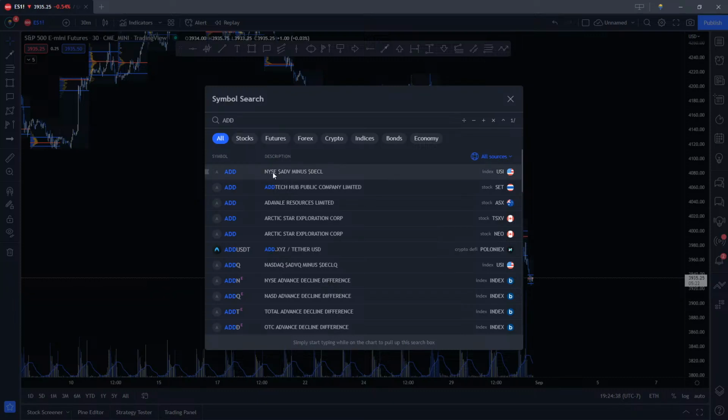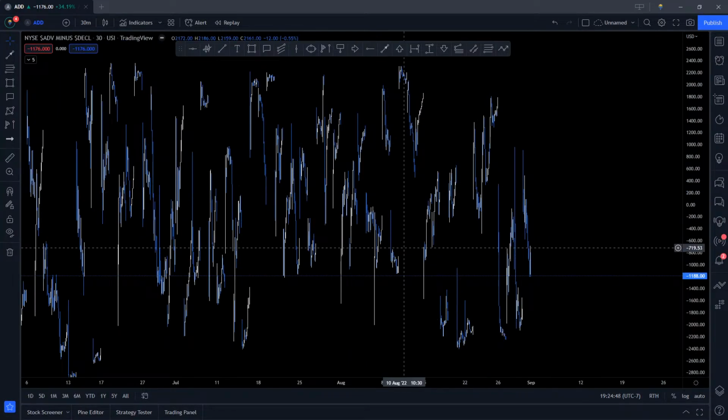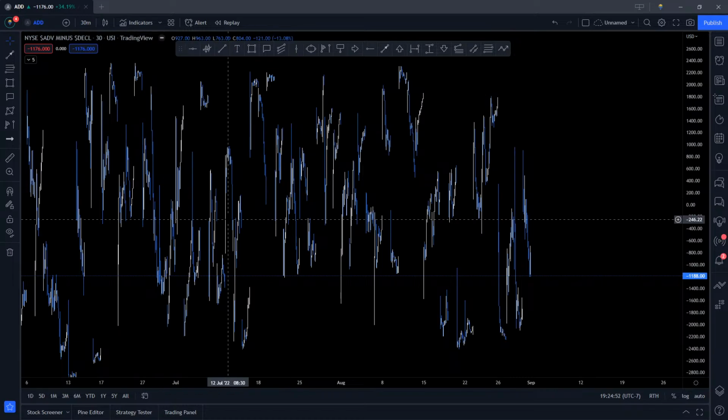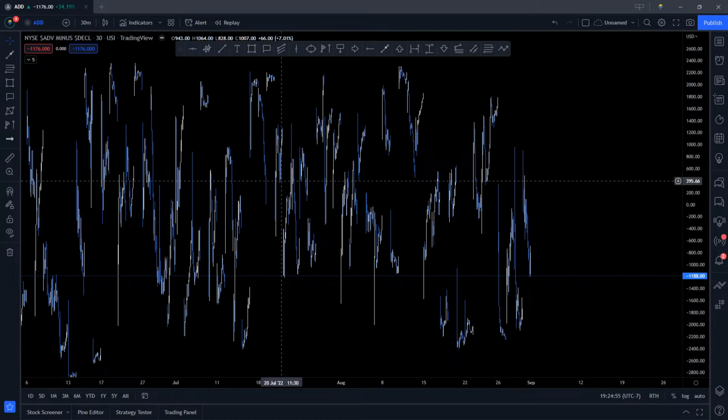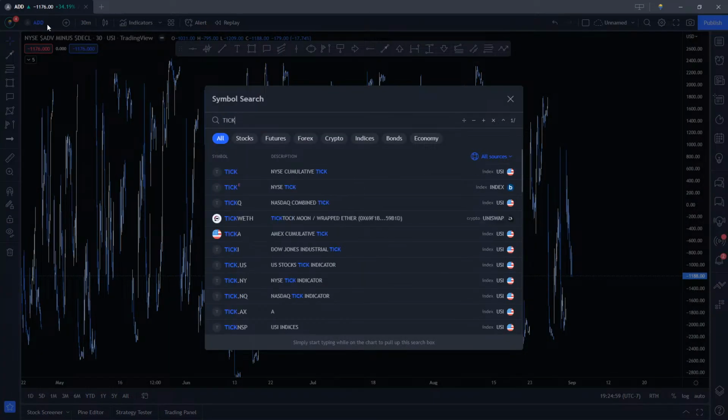So you can see here it says NYSE advancing minus declining stocks. So on TradingView, it's just straight up ADD. So, okay. You also have tick.